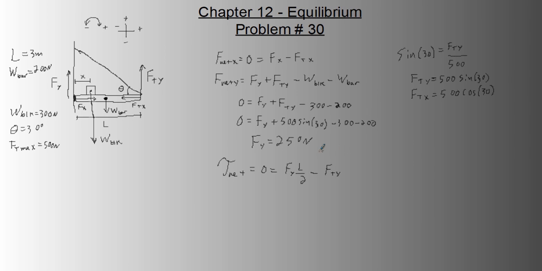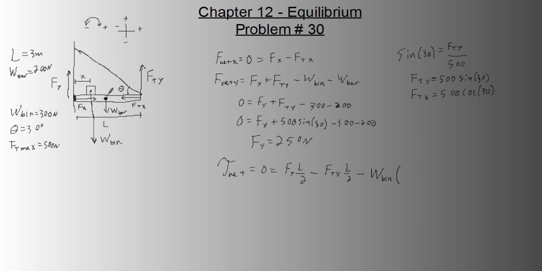How far away is that from the pivot point? Oh, it's also L over 2. Yay! And then currently, if I have the block over here to the left of the pivot, it's going to rotate it counterclockwise, so that's negative. But again, and by the way, this is W block.